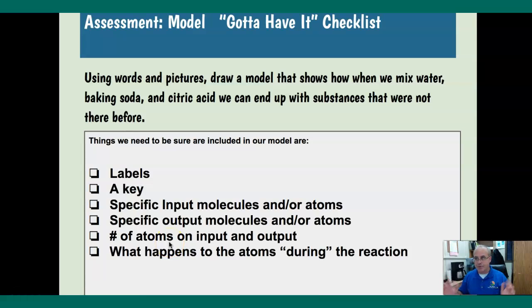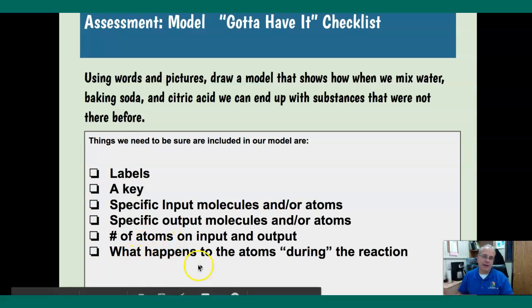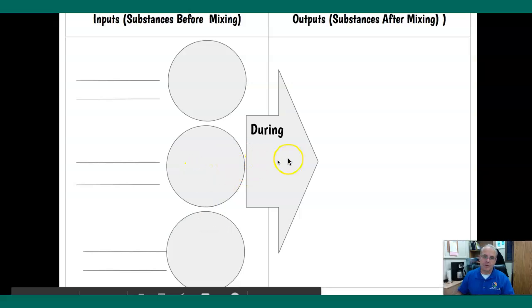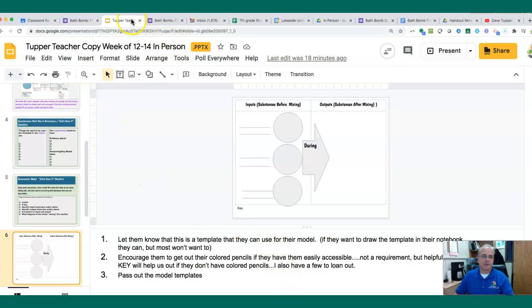Something about the number is important. And what happens to the atoms during the reaction? What's going on with them, right? So that was the Gotta Have It checklist. This is the template for your model, okay? And I'm going to show you the document now, so it will all be clear for you.